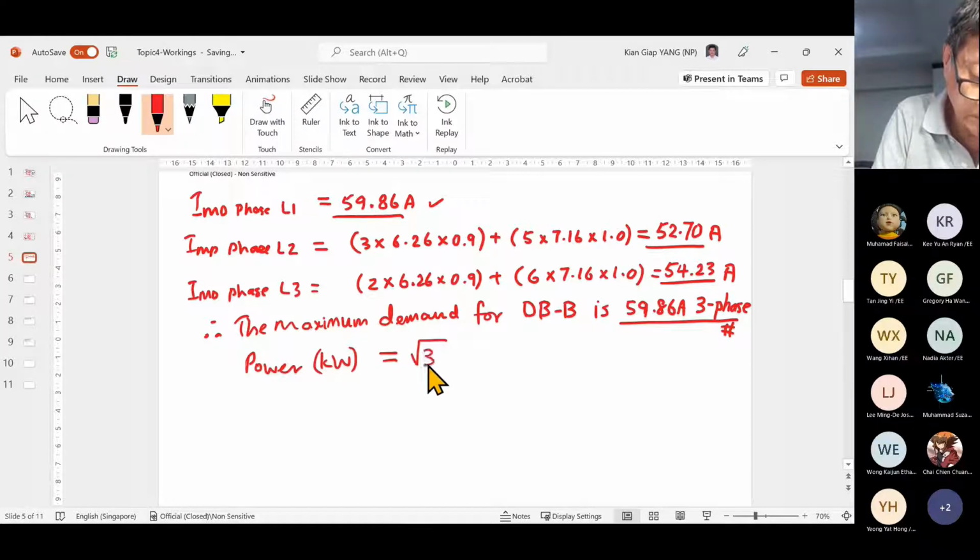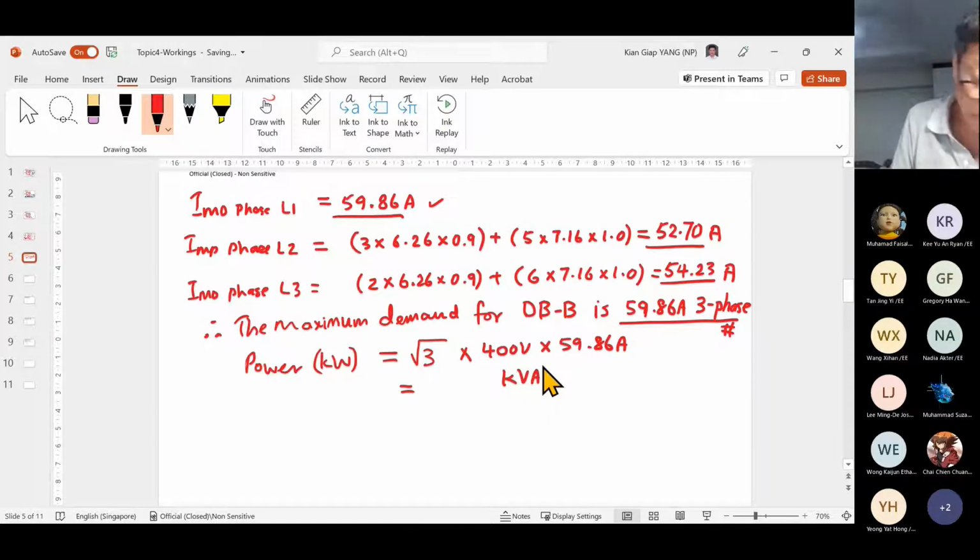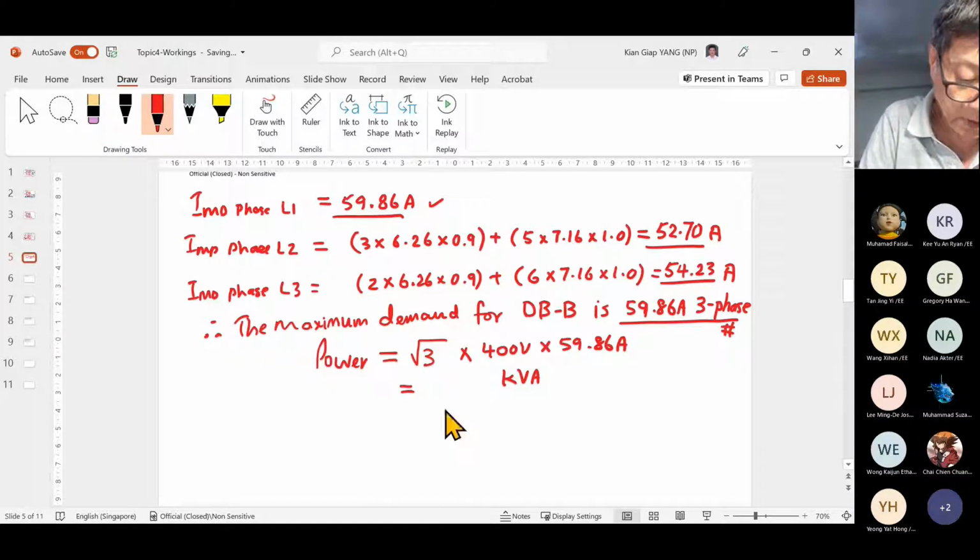So it's √3 times 400 volt times 59.86 ampere. This will give me kVA, not in kilowatt yet. If I want it in kilowatt, I need to convert using a power factor.